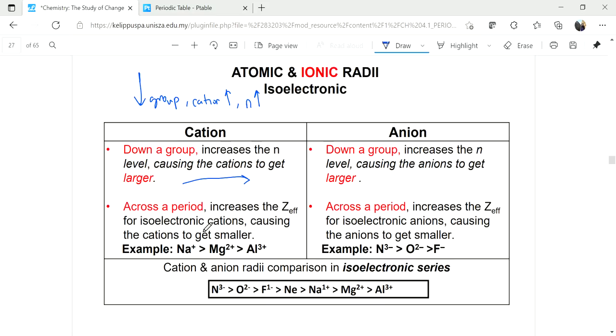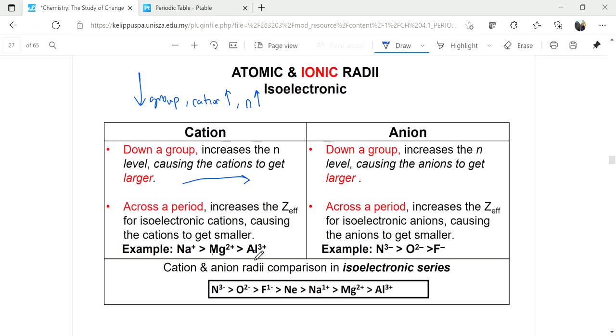Isoelectronic cations mean that these cations have the same number of electrons and a similar electronic configuration. So across a period, the size of the isoelectronic cations will get smaller because the nuclear charge is increased.